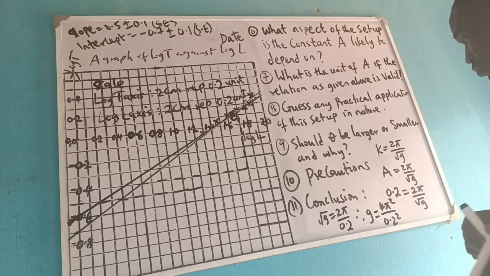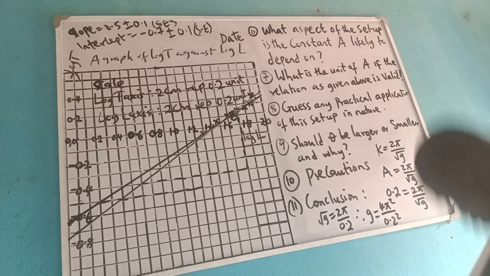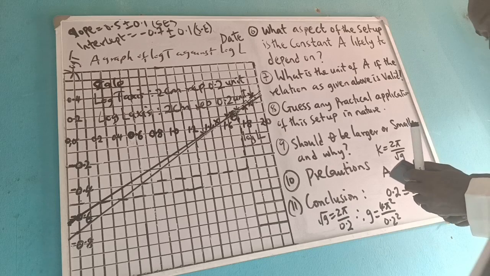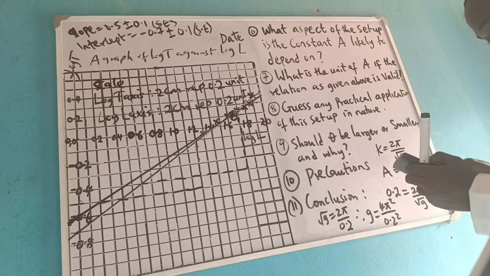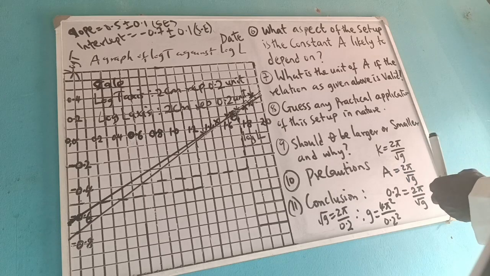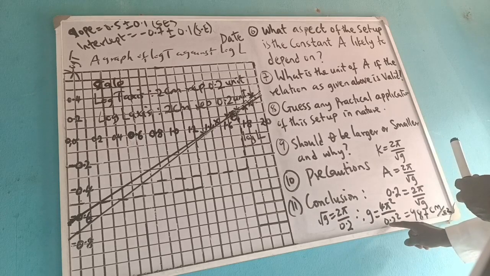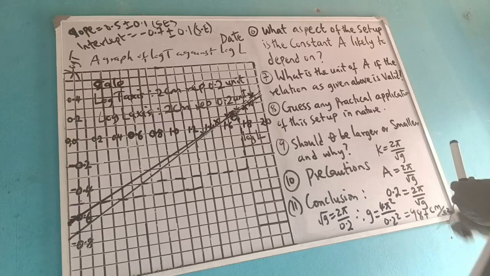Use your calculator: 4 shift pi squared divided by 0.2 squared. That gives 986.96, approximately 987 centimeter per second squared. Because the unit of 0.2 is seconds, it is 987 centimeter per second squared.